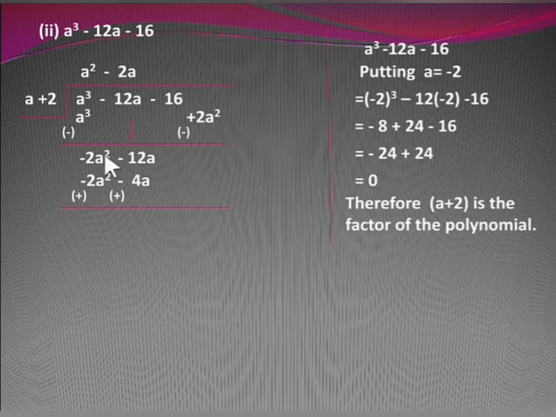So when we subtract 2a square from 2a square, it becomes 0. Minus 12a minus 4a, we get minus 8a. Here the sign is minus because 12 is greater than 4, and the sign of 12 is minus, the sign of 4 is plus. So minus 8a.